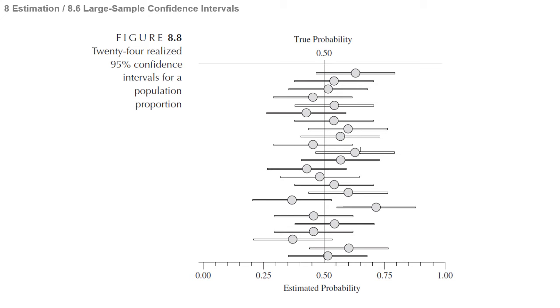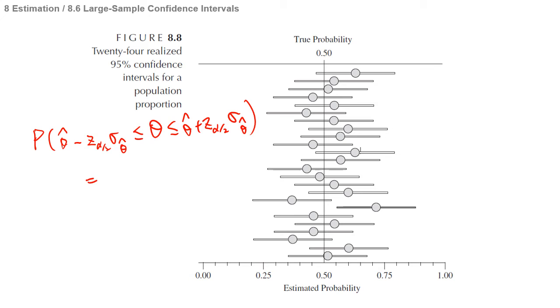In a confidence interval, we calculate the probability that the true parameter lies between the lower bound, theta hat minus z alpha over 2 sigma theta hat, and the upper bound, theta hat plus z alpha over 2 sigma theta hat. This probability is 1 minus alpha.